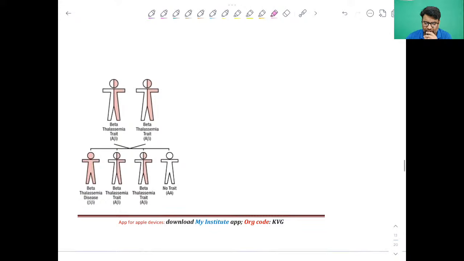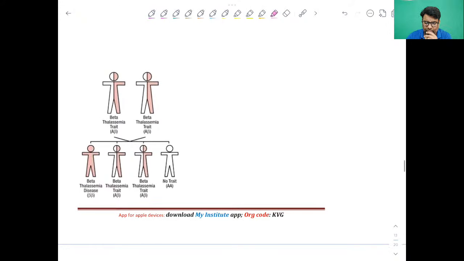So this is how we can remember it, like if both, this is the homozygous condition, right? So the patient will have the disease, 50% will be the trait or the carriers, and 1 will be the normal. So this is usually the presentation. So this is 25%, this is 50%, and again this is 25%.